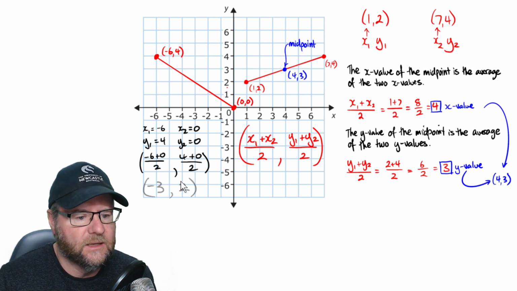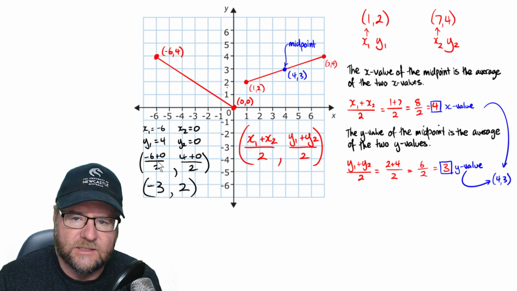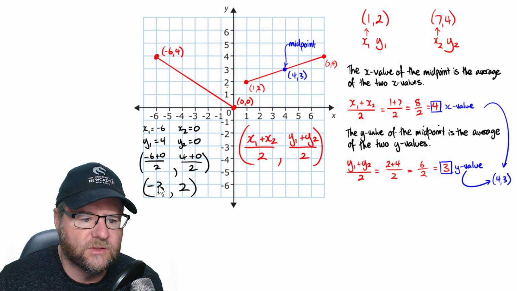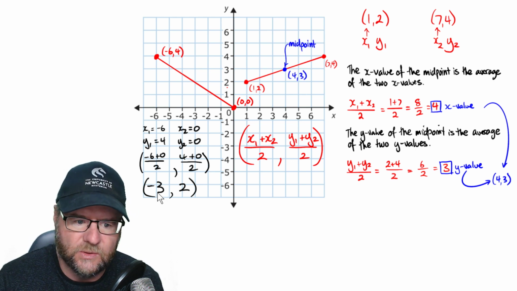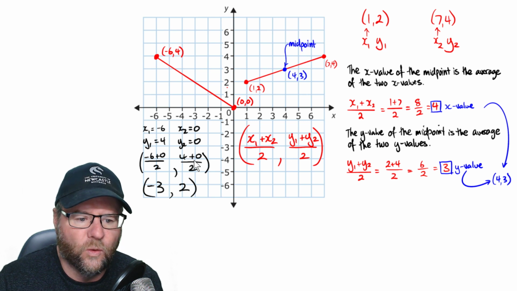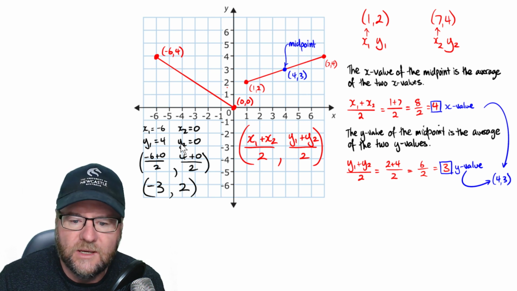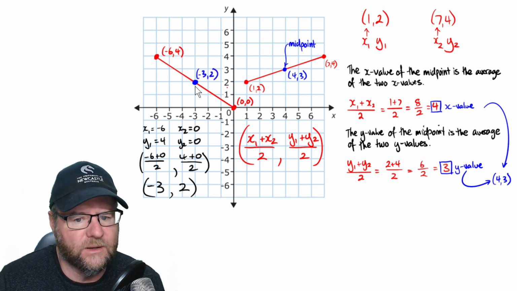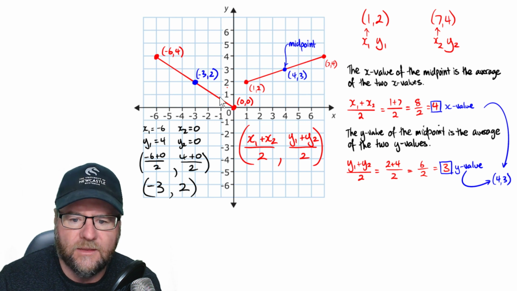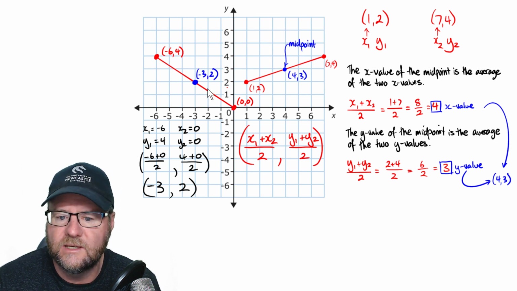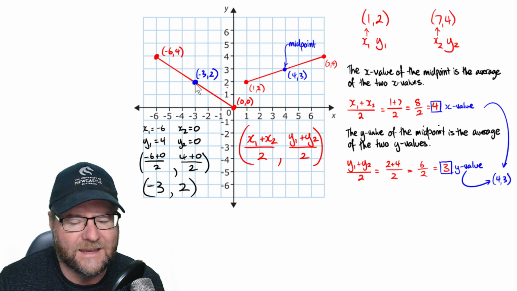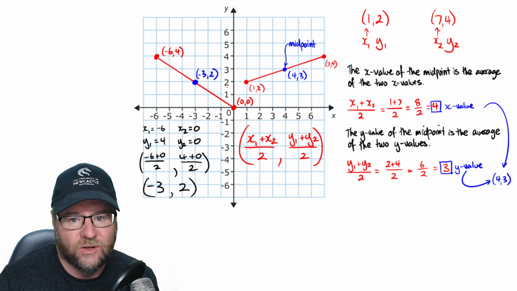That will give me the coordinates. If I simplify this, negative 6 divided by 2 is negative 3. 4 divided by 2 is 2. So the coordinate of my midpoint for that line between those 2 points is at (-3, 2). Good job. Well done.